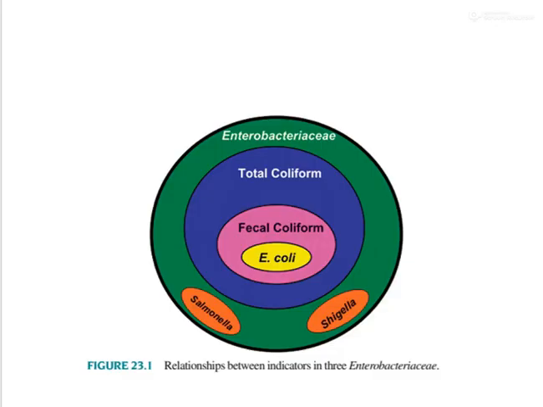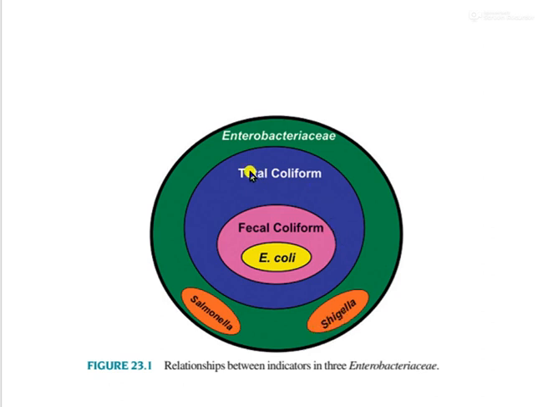Now, if you consider the whole group of organisms included under the family Enterobacteriaceae, it can include different things. It can include the coliforms, as well as other members such as Salmonella and Shigella.